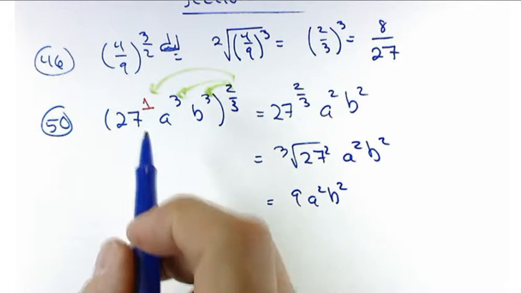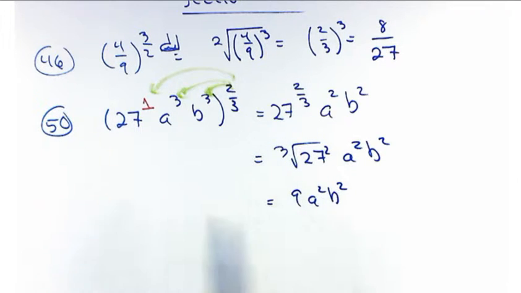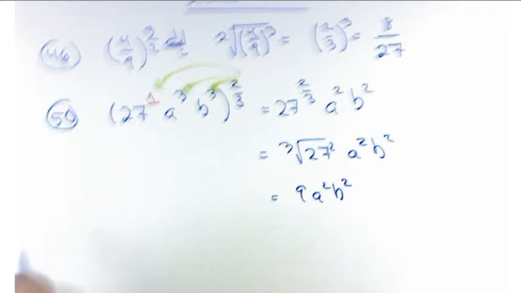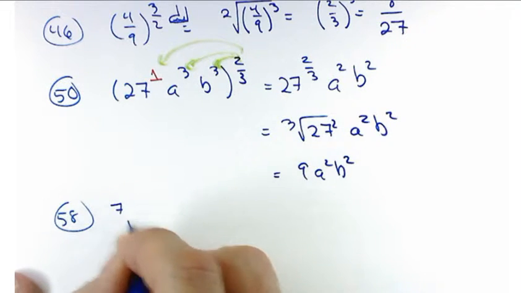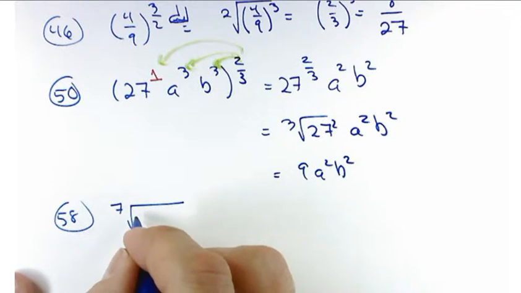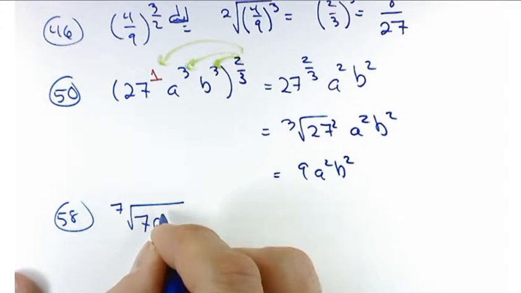But let's start going in the other direction. Let's start converting expressions with radicals to expressions with exponents. And we'll start with problem number 58. So 58 is the 7th root of 7p squared q.